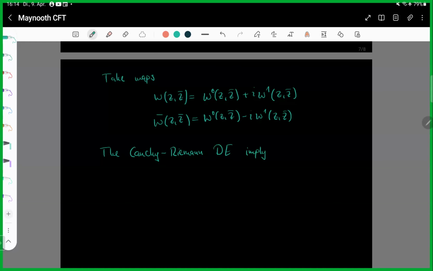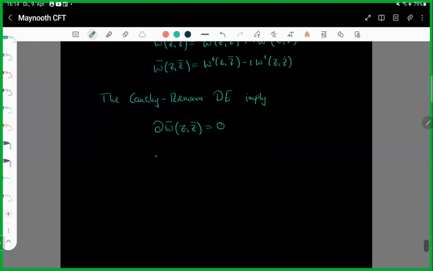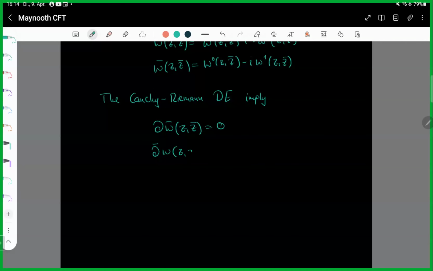Basically, for the maps I have written above, they mean this relationship. It's a constraint: the del derivative on W bar is 0, and the del bar derivative on W is likewise 0.